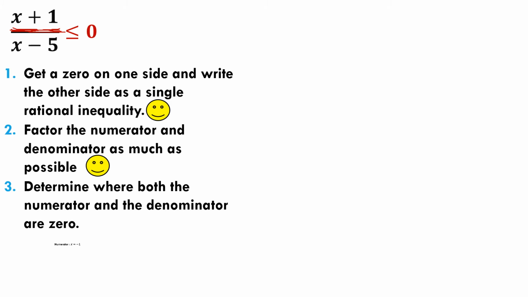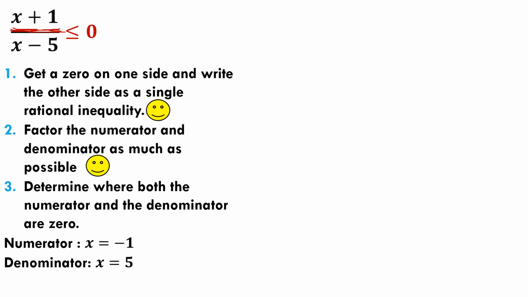So, the value of x is negative 1. So, negative 1 plus 1 is 0. How about for the denominator? Anong value niyan para maging 0 yan siya? So, ang x is dapat maging 5. So, 5 minus 5 equals 0. So, that is step number 3.